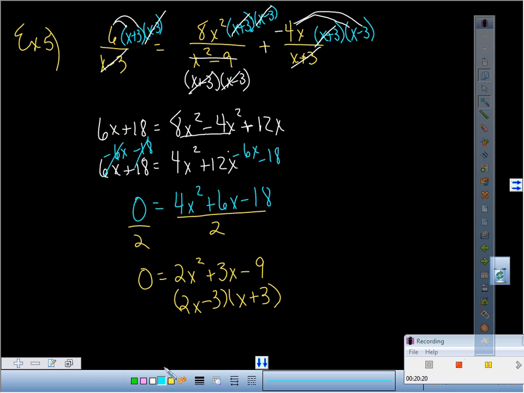All right, so here's my question. This is the factor, okay? What's the root? Positive 3 over 2. Very good. This is the factor. x plus 3 is the factor. What's the root? Negative 3. Now I want you to check them, okay? I'm not checking them. You check them really quick.